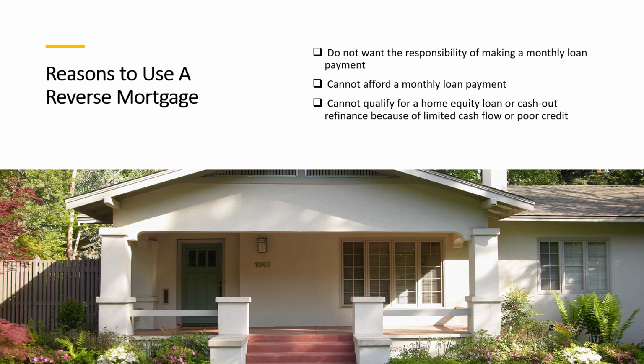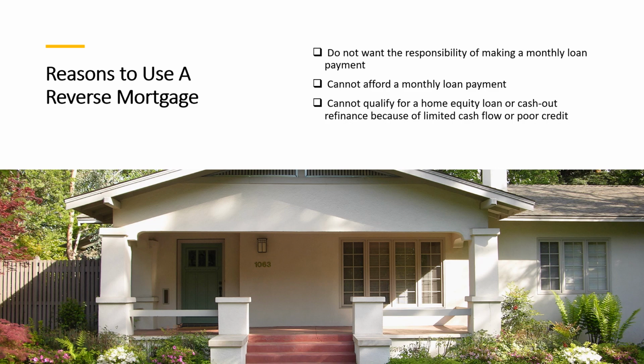Let's say they could not afford to make the monthly loan payments for whatever reason. Another reason would be that they didn't qualify for a home equity loan or a cash out refinance that we talked about earlier because of poor credit or limited cash flow. All these are reasons why someone would use a reverse mortgage, independent of selling the home outright.